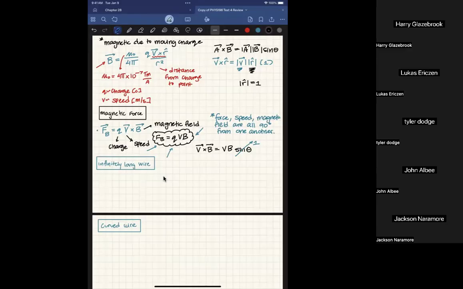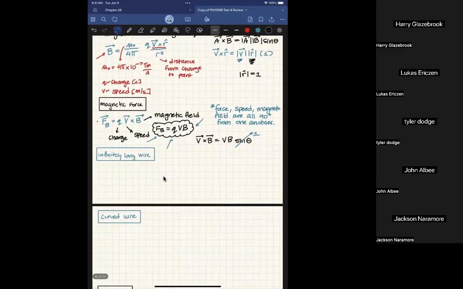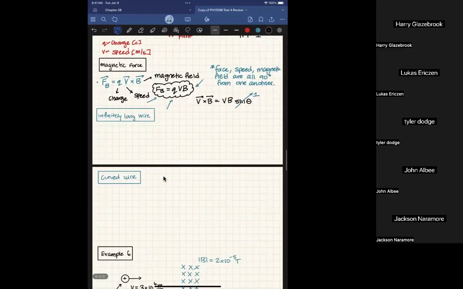Okay, so that's magnetic field of a point charge, magnetic force on a point charge. Now we're going to switch gears into some geometries. I'm going to give you the equations for the two most popular geometries you're going to see. One is an infinite wire. So we have a wire here with a current flowing through it.